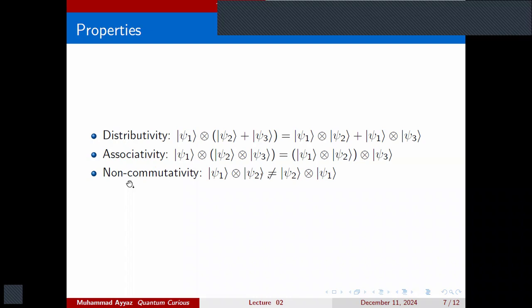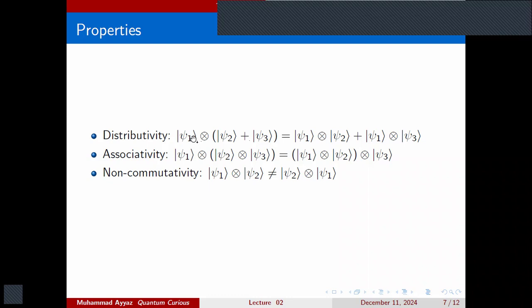So the tensor product has very nice properties, as it is distributive, as we can see that the tensor product of a state vector psi1 with the sum of the state vectors in parentheses can be written as this, and they are both equal. And it is also associative, as parentheses do not affect the overall tensor product of these state vectors.